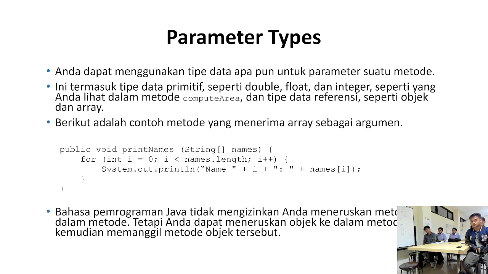So you can't pass method to method, but you can create an object and then use it to call the other method. If we create an object, we should use the keyword new. Yeah, correct? New.